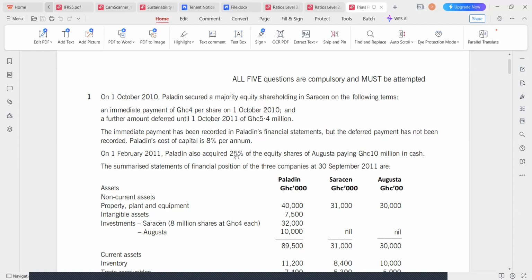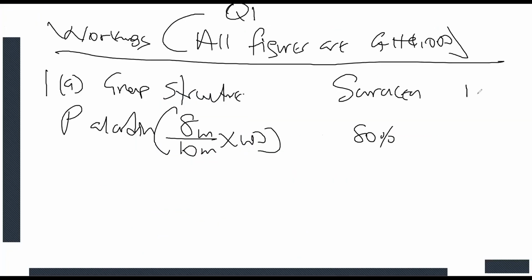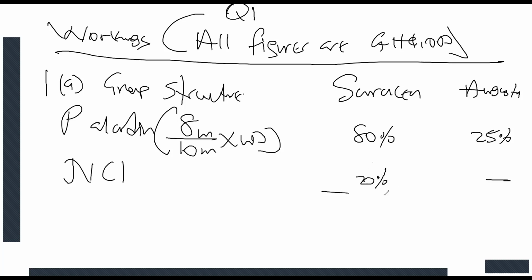What we want is the 25%. In that case, Augusta becomes what? An associate. So that's all right here, NCI, 20%.